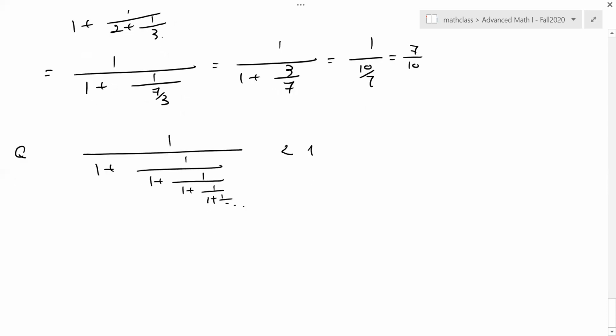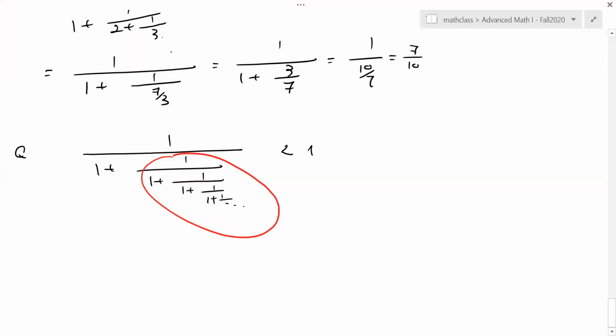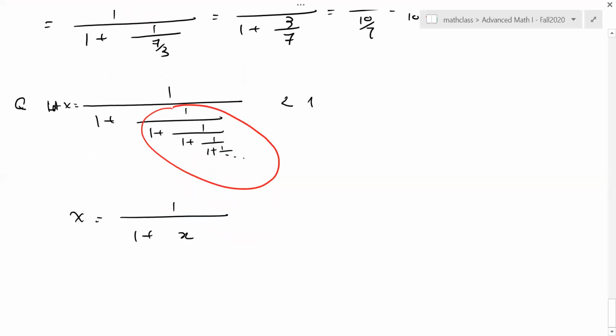Okay? And let's compare this part. This part is identical with the whole larger part, right? It's a copy, right? So if you let x be that, x will be 1 over 1 plus x, right? Then you can solve it.